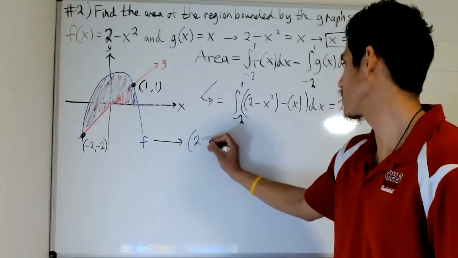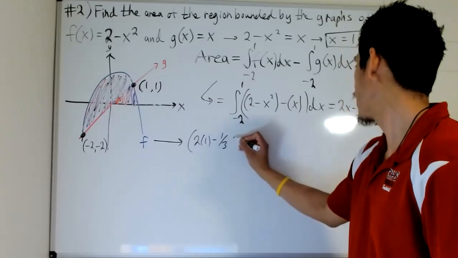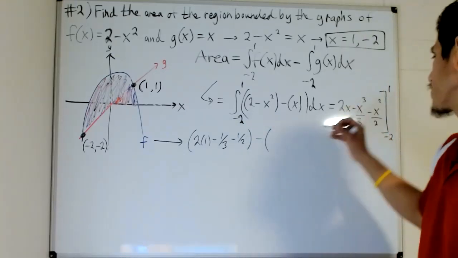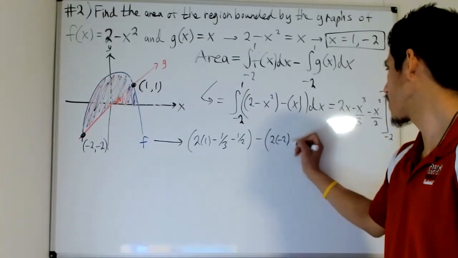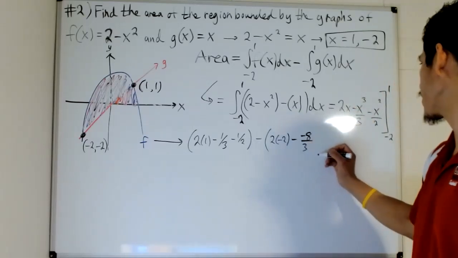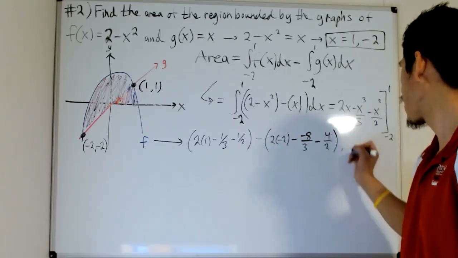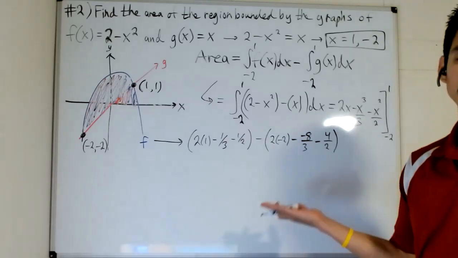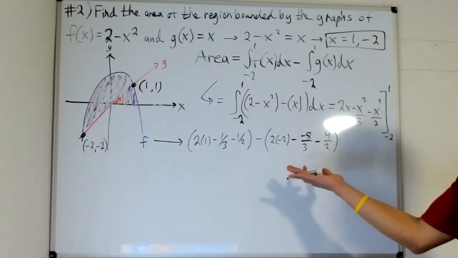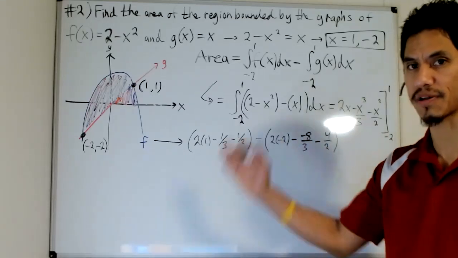So we'll get 2 times 1 minus 1/3 minus 1/2, minus 2 times -2 minus -8 over 3 minus 4 over 2. And you're actually going to learn that a lot of these problems come down to making sure you don't mess up on your algebra, or arithmetic, I guess. So just be careful about that, because that's always the worst if you mess up on the part that's not even calculus.